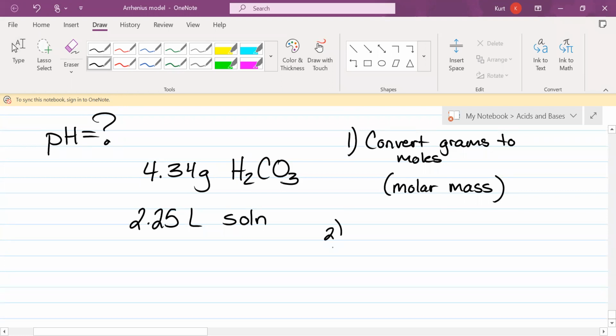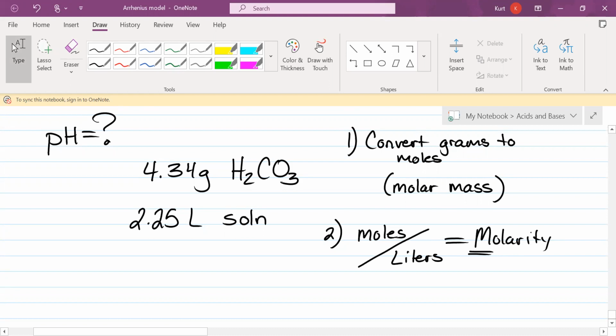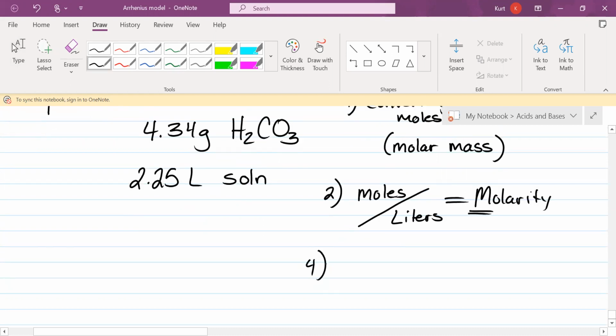Step 2, once you have your answer in moles, you need to do moles divided by liters. And what will that give you? Molarity. And then to find the pH, you need to do negative log of your molarity. And that will give you the pH.